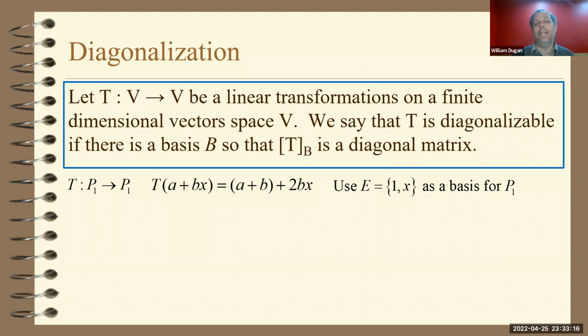If it's possible to find another basis B so that the matrix for that transformation relative to B is a diagonal matrix, then we say that the transformation is diagonalizable. It's really easier just to show you the process of diagonalizing a transformation. It's literally just diagonalizing a matrix. That's all it is. And then at the end, you get a new basis for the transformation.